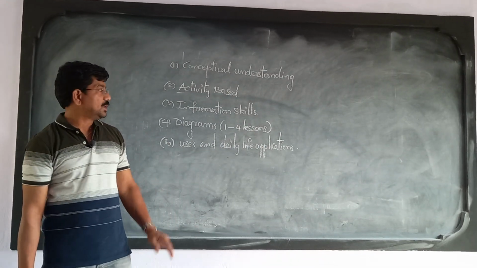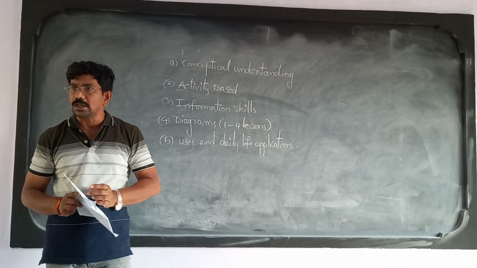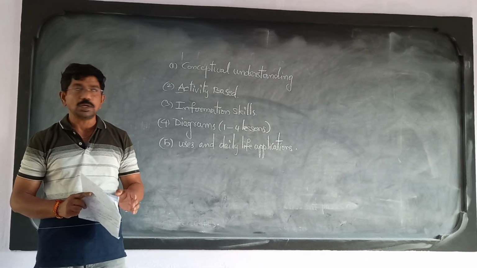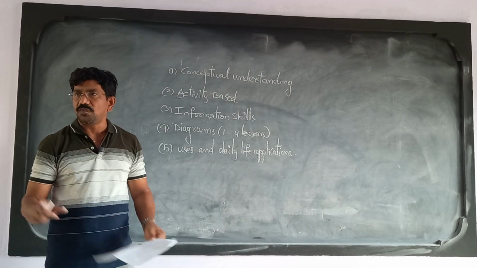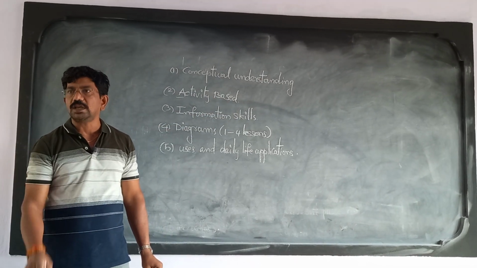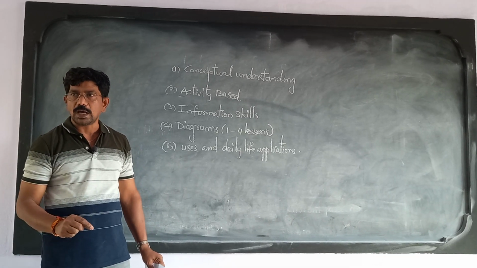These are the 5 categories they divided while preparing the question paper. In this session we will discuss activity based questions from the first lesson, reflection of light at curved surfaces and refraction of light at curved surfaces.